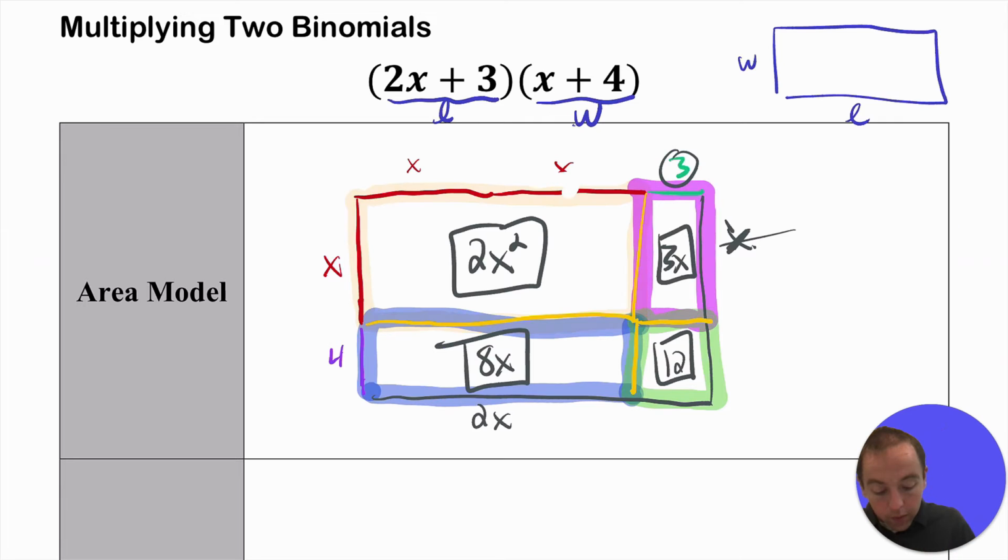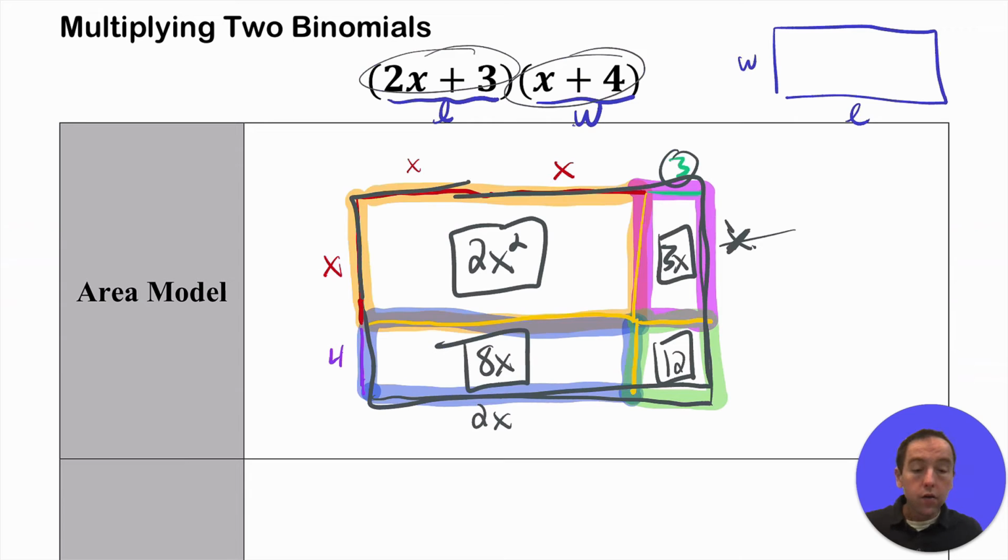So then if we wanted to find the area of this rectangle here that overall had the dimensions of 2x plus 3 and x plus 4, it should just be adding each of those individual rectangle pieces together. So it should just be an area of 2x squared plus 8x plus 3x plus 12.